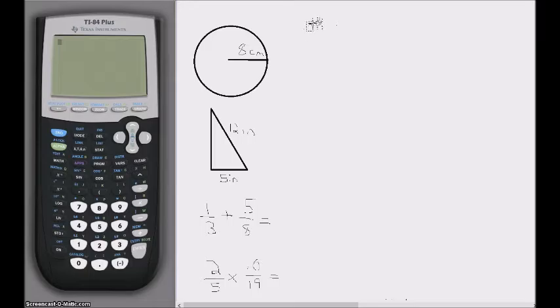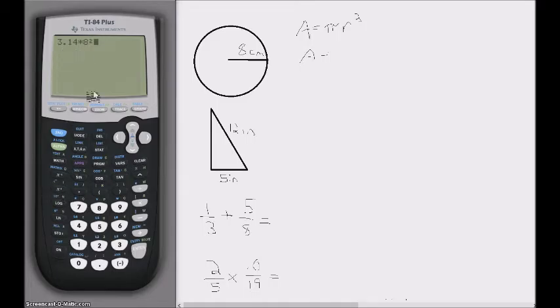So we're going to find the area. So area equals pi r squared. So in the calculator, what we're going to type in is 3.14 times our radius, which is 8, and then this square key where it says x, and then it has that little 2.